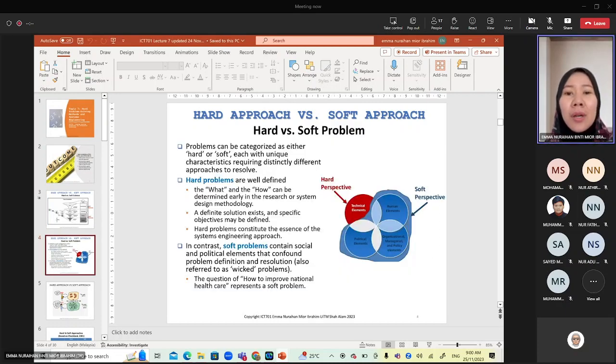Okay. So hard versus soft problem again. Hard problems are defined here: the what and how, usually objectified. Soft problems contain, for example, social, political, culture.